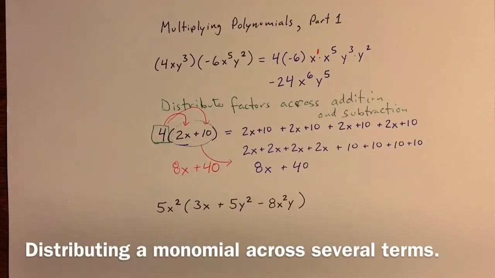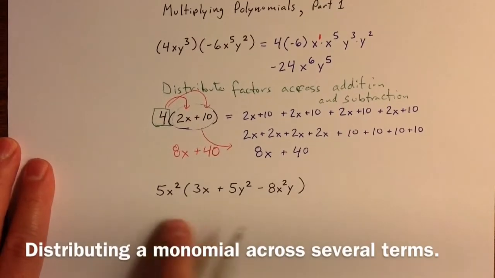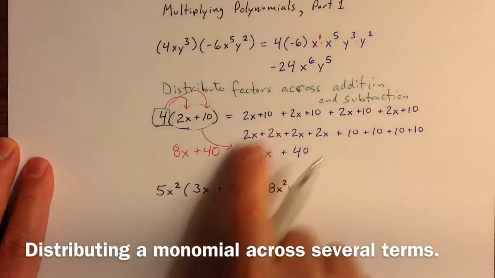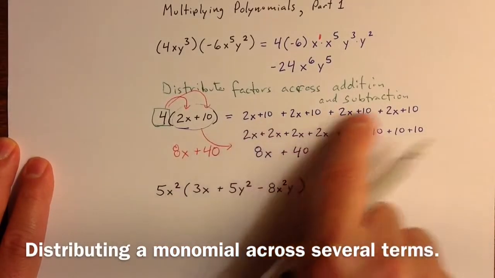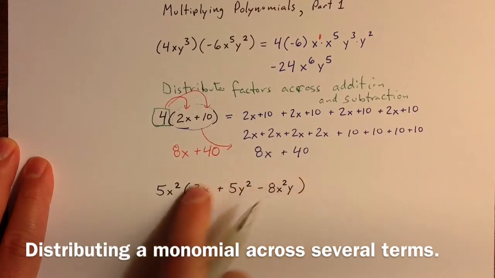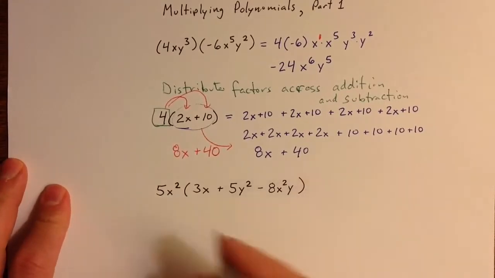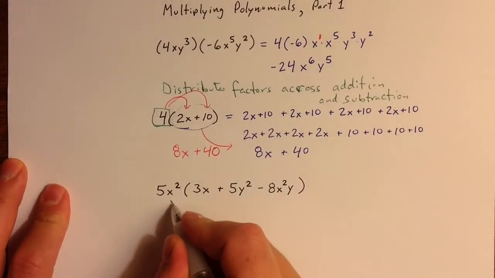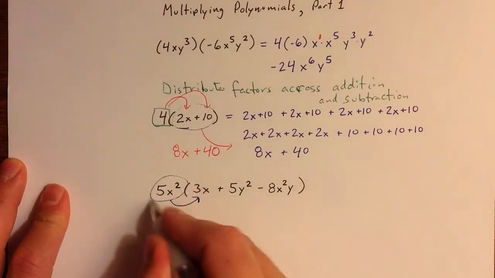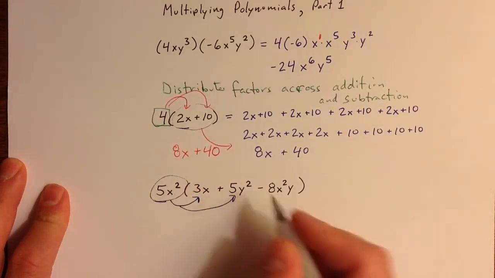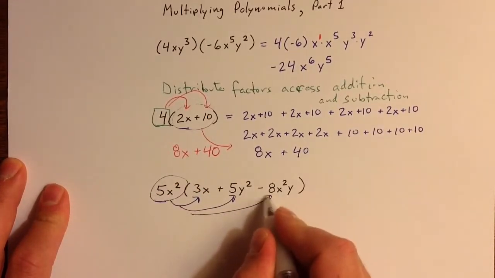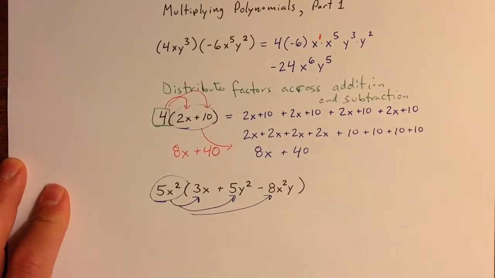So with a more complicated example, we can tackle it in a similar way. If I have 5x squared times 3x plus 5y squared minus 8x squared y, now I don't have a definite number of repeated addition, but in a similar way I want to repeatedly add this expression to itself. So that means that I want to repeatedly add 3x to itself this many times, and similarly 5y squared and -8x squared y.